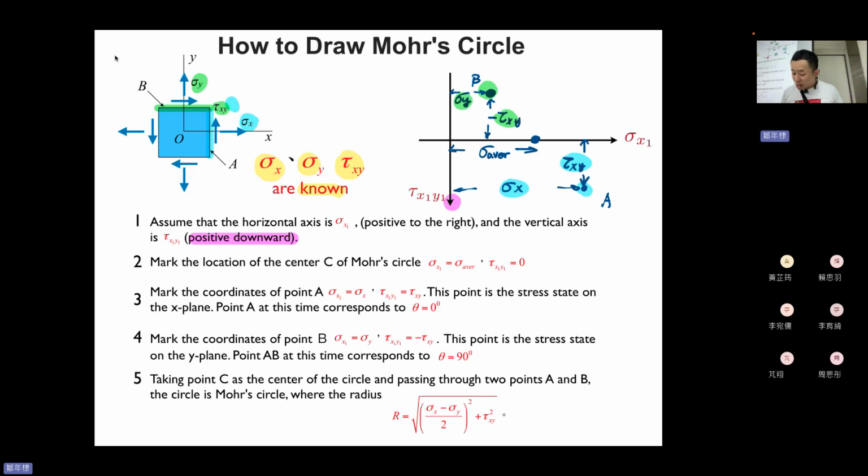And now you're done. You can connect A and B with the circle.